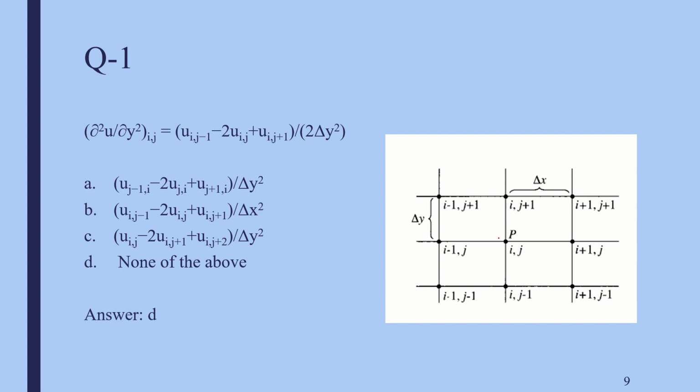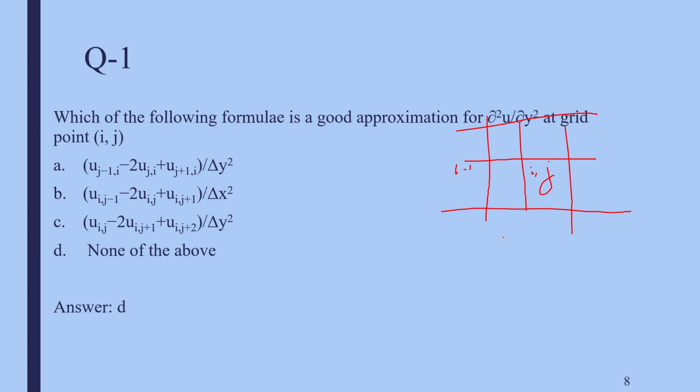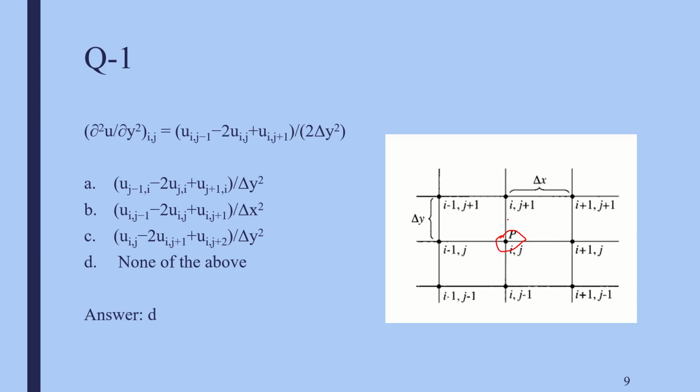So here it is (i, j), the point under our consideration. What is asked in the question? We need to find the approximation for the second order derivative of u with respect to y at the grid point (i, j). The thing to be noted is we need to know the value at (i, j).